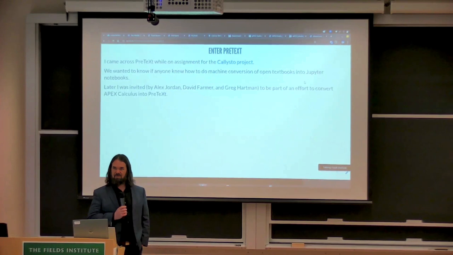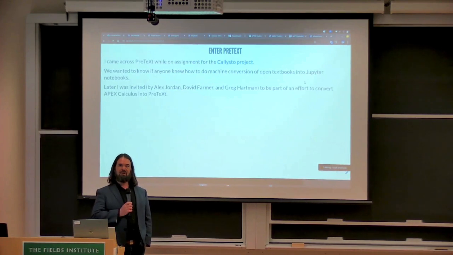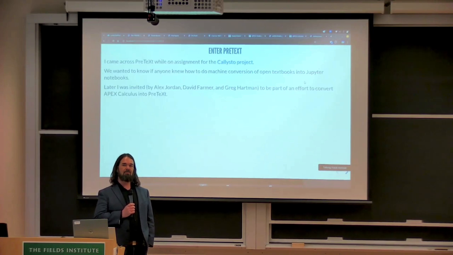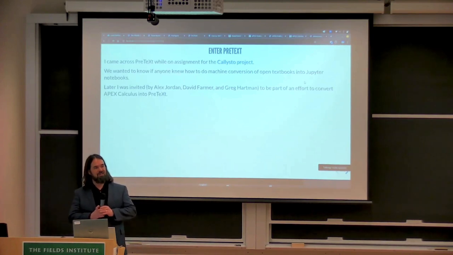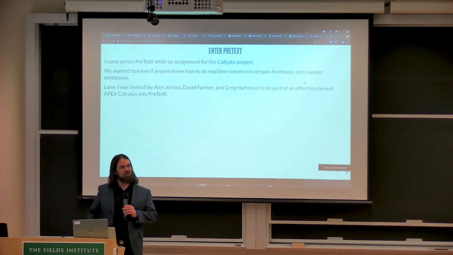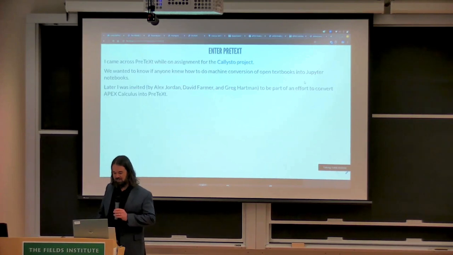They gave me the job of seeing if I could find some way of doing a machine conversion of open textbooks into Jupyter notebooks. That's maybe not so easy, but as I was spending my time on Google, it turns out there was already a way of writing open textbooks that had a Jupyter conversion as one of the workflows, which was PreTeXt.